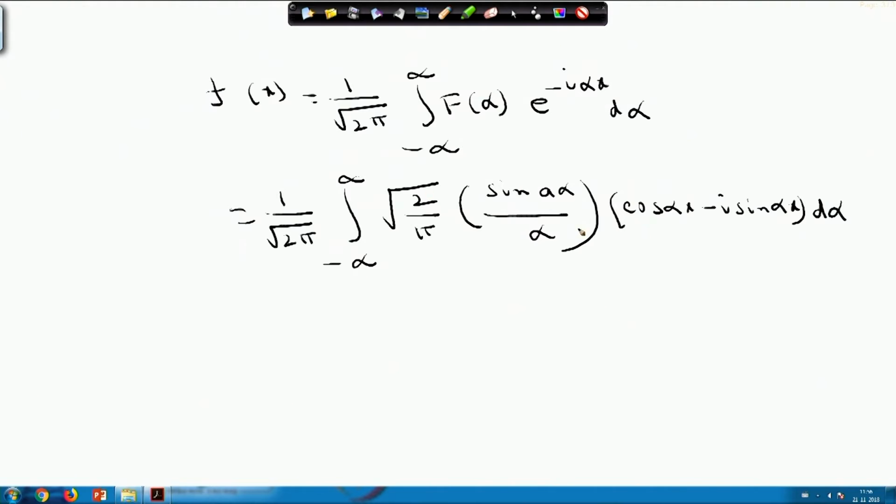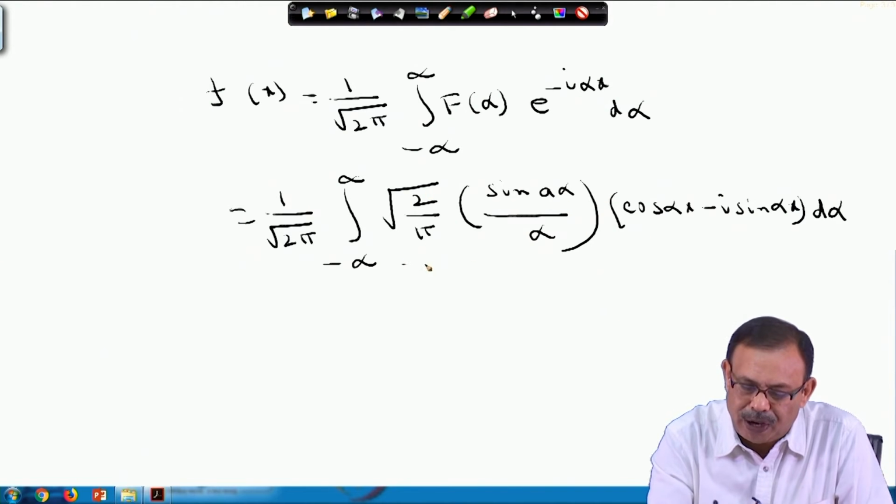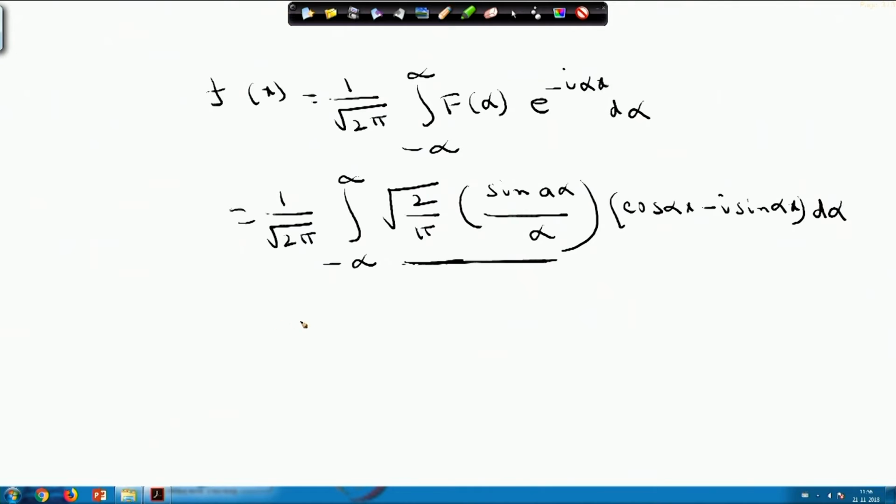This value of F(alpha) we have substituted from equation 1.